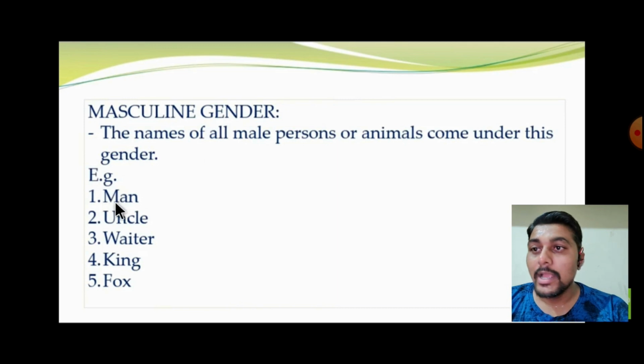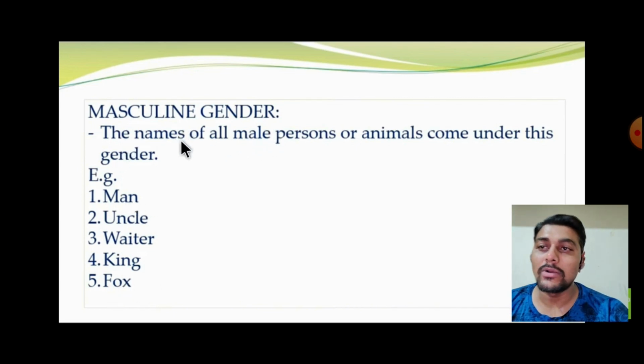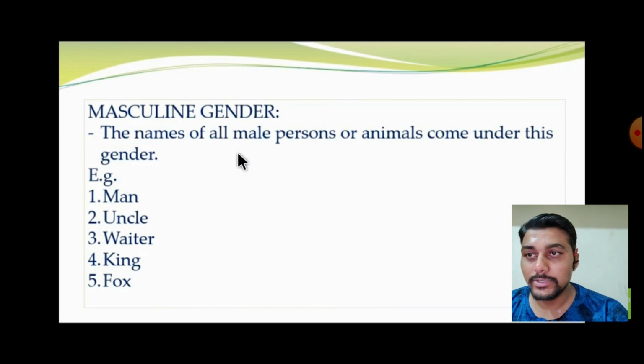Examples are man, uncle, waiter, king, and fox. There are many, but these are the common ones. These are called masculine gender because these are all names of male persons or animals. Understood?